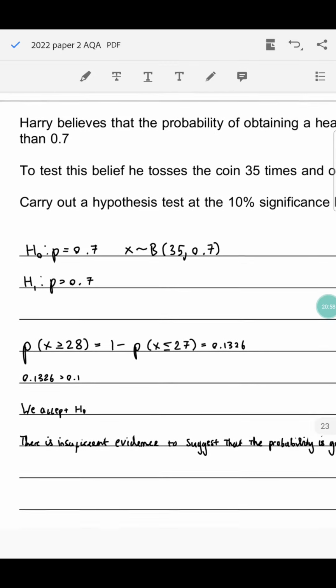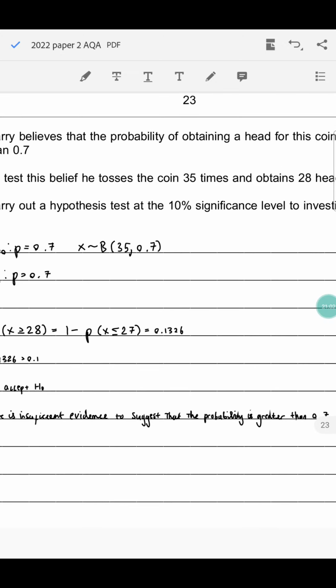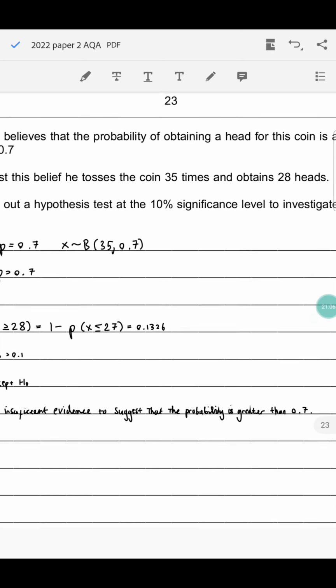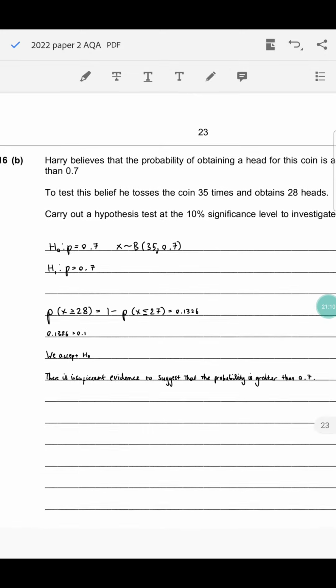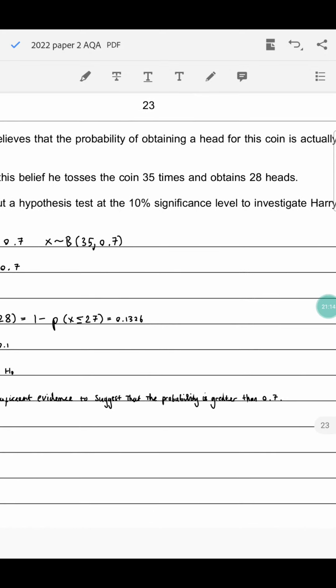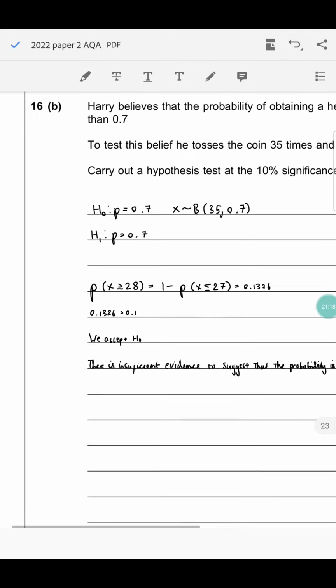Now, the distribution is X distributes B, where n is 35, because that's the amount of times he tosses it, and our probability is 0.7. And we're testing the claim because we know that only 28 heads have been obtained.